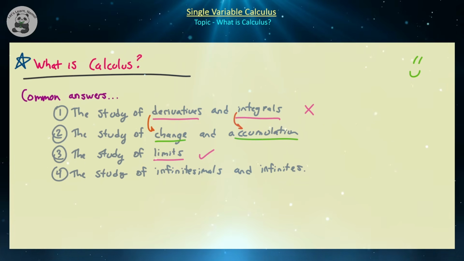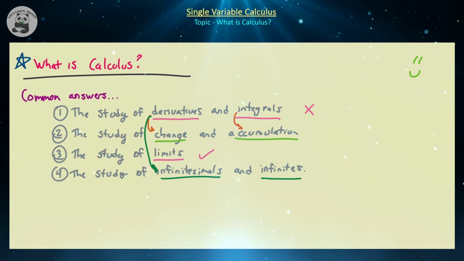Now, at least in the origins of single variable calculus and calculus in general, Newton, who was one of the founders of calculus, approached this from the perspective of the study of infinitesimals, which are things that are very, very small, and the study of infinites, which are very, very large. One can show that the derivative can be represented from the perspective of infinitesimals.